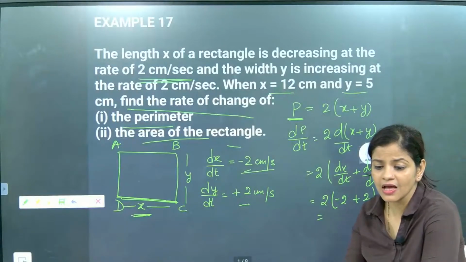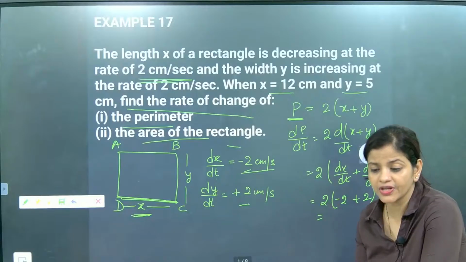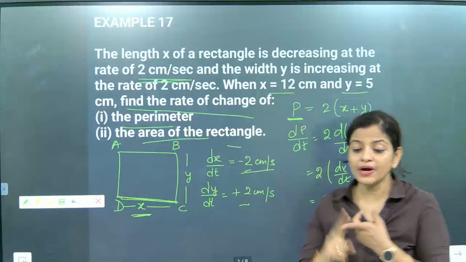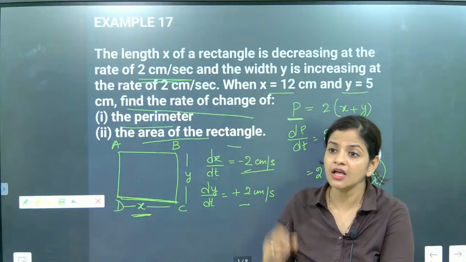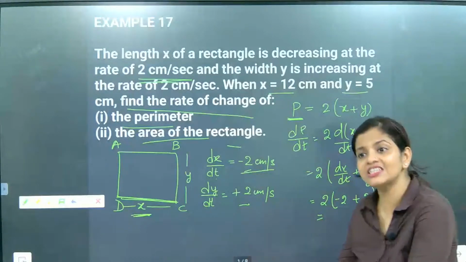After differentiating, what is the rate of decrease? Per second 2 centimeter length is decreasing. Per second 2 centimeter width is increasing.